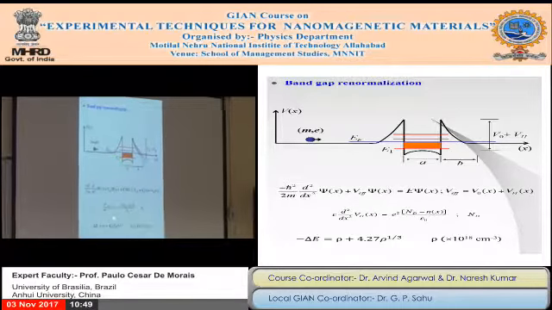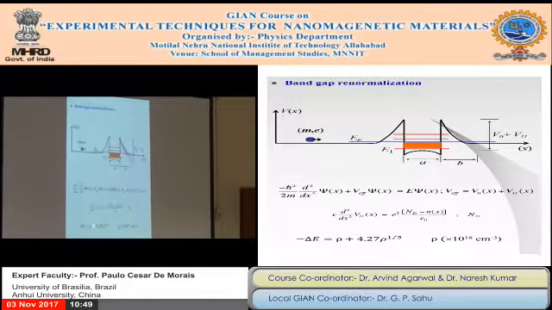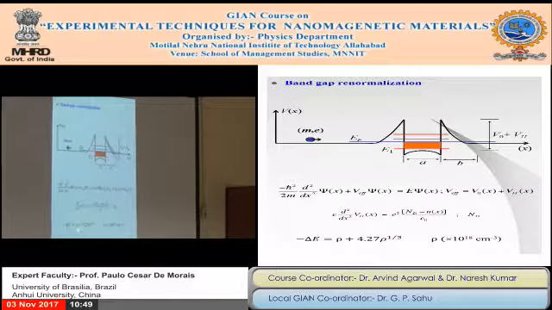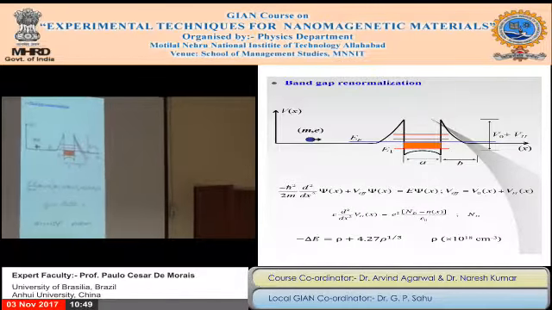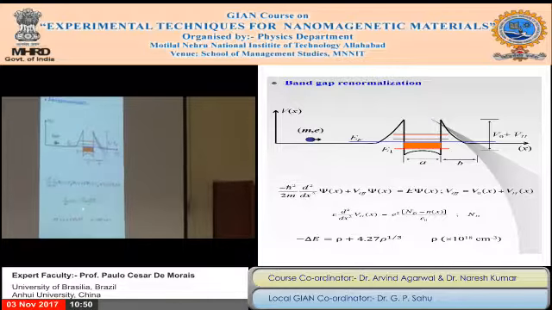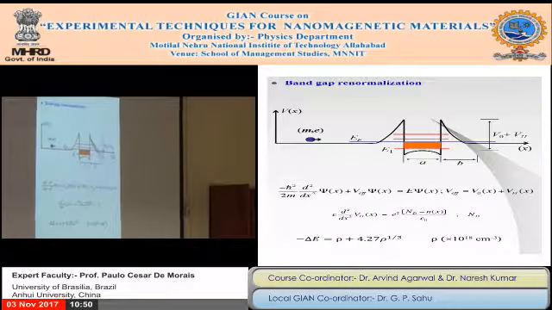Typically, the energy shift provided by the band bending scales linearly with the charge density. And the shift in energy provided by the renormalization scales with the 1/3 power of the charge density.